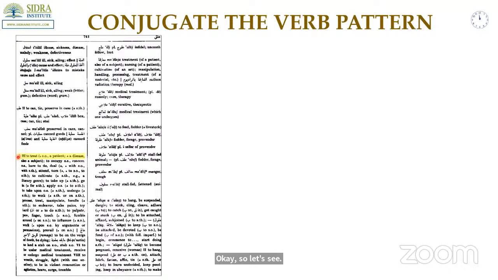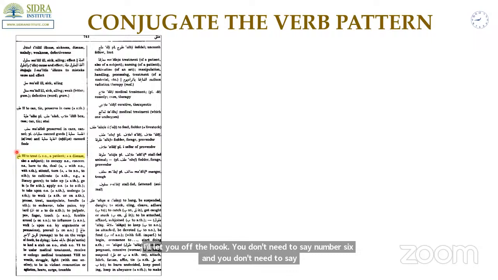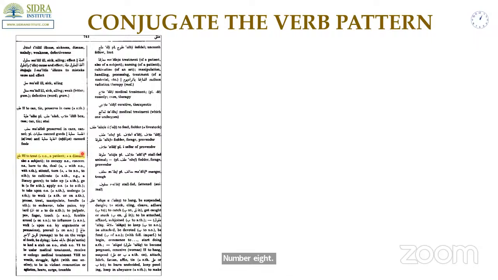I want you to tell me the Madi, the Mudari, and the Masdar, because Hanzwa expects you to see Ain, Lam, and Jim and conjugate that accordingly when you see number 3 in Roman numerals. So I'll let you off the hook. You don't need to say number 6 or number 8. It's just the one that's highlighted. Don't want to put too much pressure.